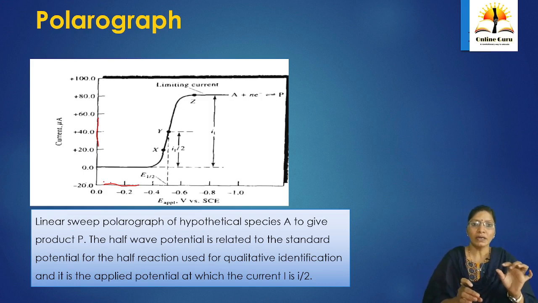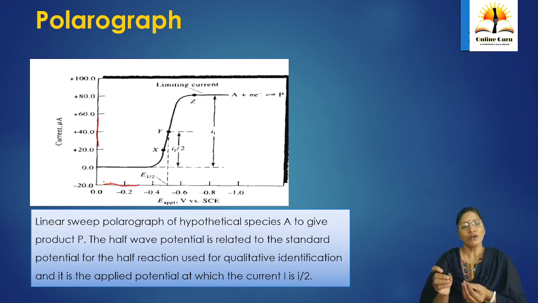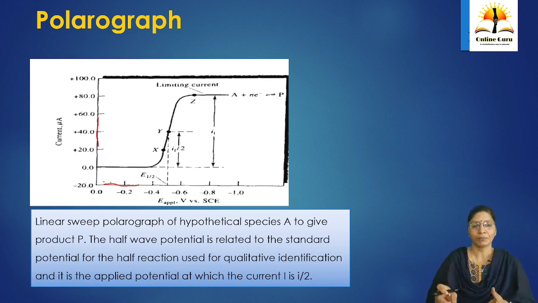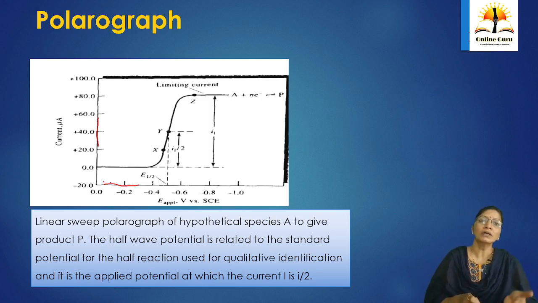So the process takes place in the solution where the analyte is present. Initially, the concentration of analyte is in millimolar range, so it will not be able to carry the initial magnitude of current. So in this polarographic study, we add another supporting electrolyte.